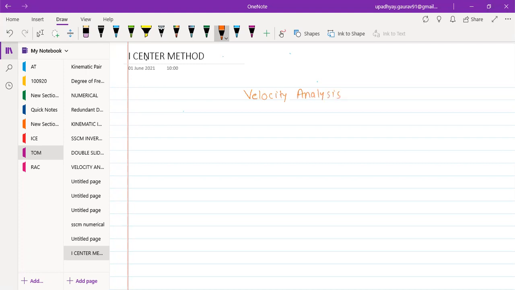This velocity analysis can be done in two ways. The first one is the relative velocity method, which has been discussed earlier in the class.